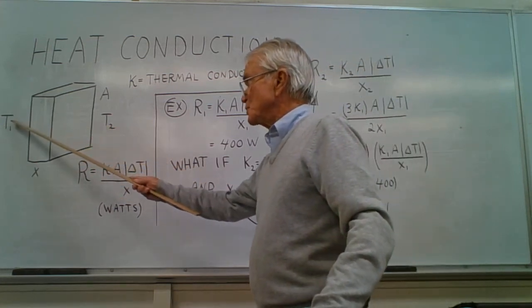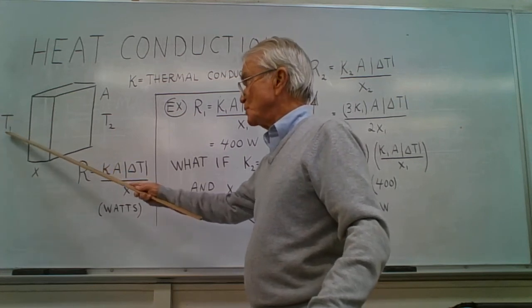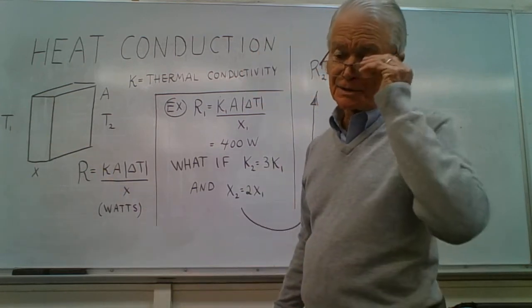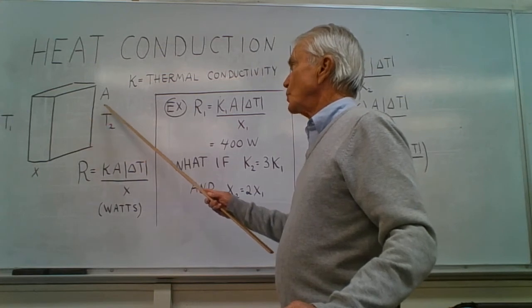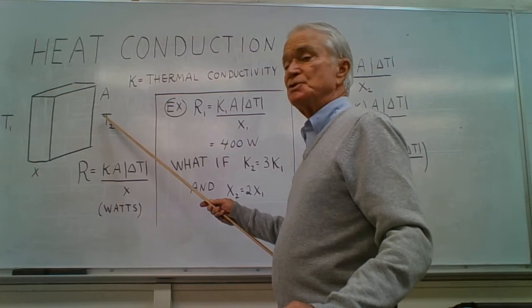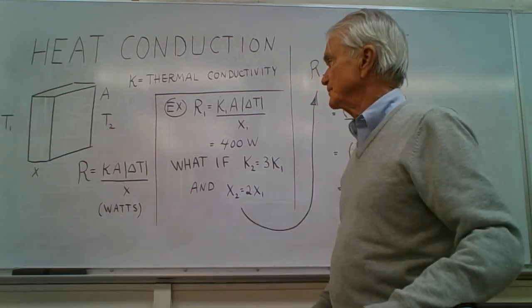On the one side of the window, it might be bedroom air at a temperature T1, measured in degrees Celsius. On the other side of the window, cold February air, maybe. Temperature T2, measured, of course, still in degrees Celsius.